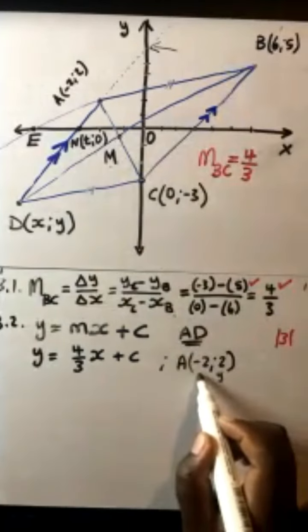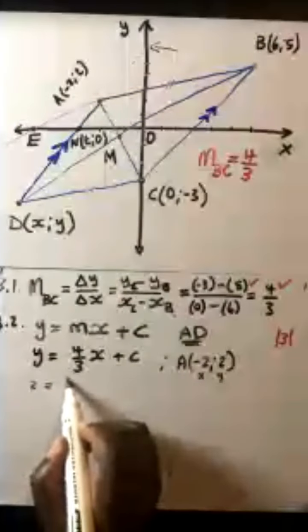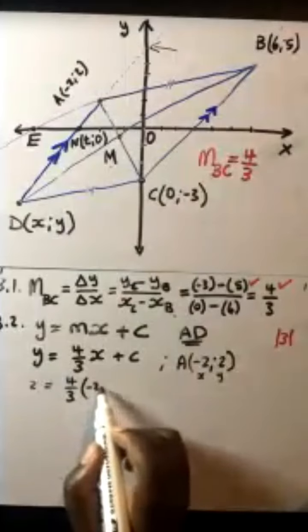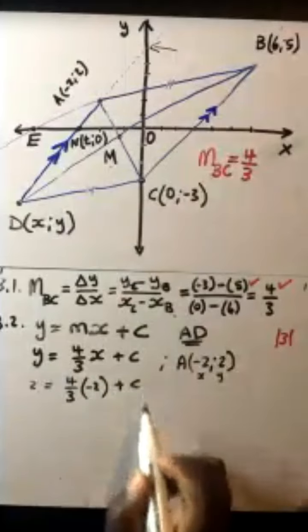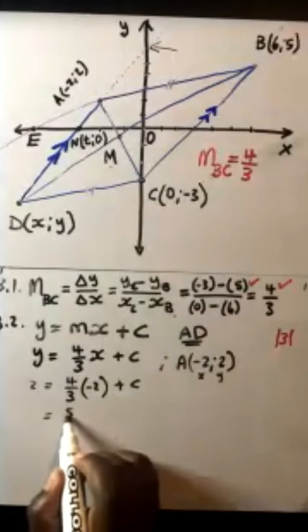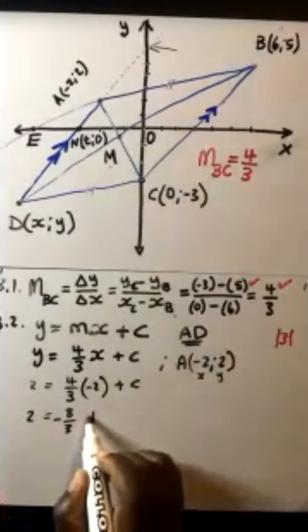Let's now substitute. This is Y, this is X. So Y is 2, it's equal to 4 over 3 into -2 plus C. So guys, you can just multiply that. Obviously, it's 8 over 3. Remember that negative on this side, you've got 2.